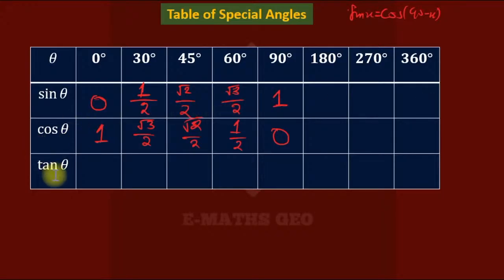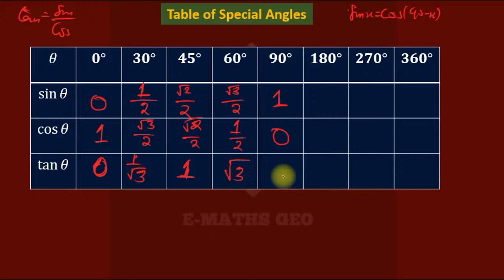Now, from our quotient identity, do you remember that tan is sine over cos? Remember that tan is always sine over cos. So 0 over 1 is 0. 1 over 2 divided by root 3 over 2 will be 1 over root 3, but you rationalize to get root 3 over 3. Then root 3 over 2 divided by 1 over 2 is root 3 over 1, which is root 3.